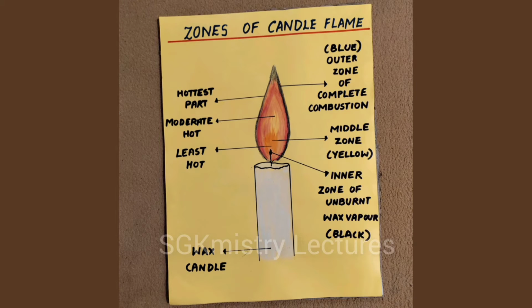So this is about the different types of flame, for which I showed two teaching aids, the picture of the Bunsen burner and the picture of the kerosene lamp. And then, to explain the structure of the flame, I have used the diagram of the candle flame, where I have shown the three different zones in terms of temperature as well as in terms of extent of combustion.